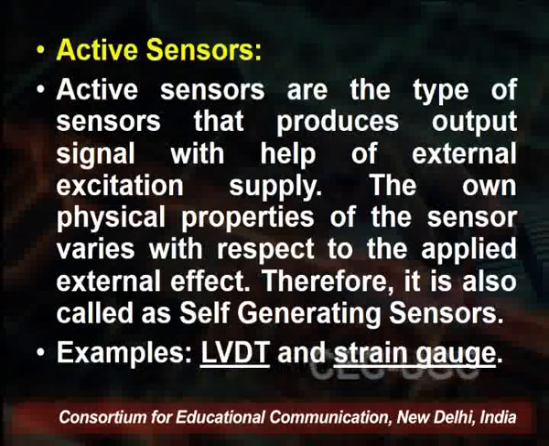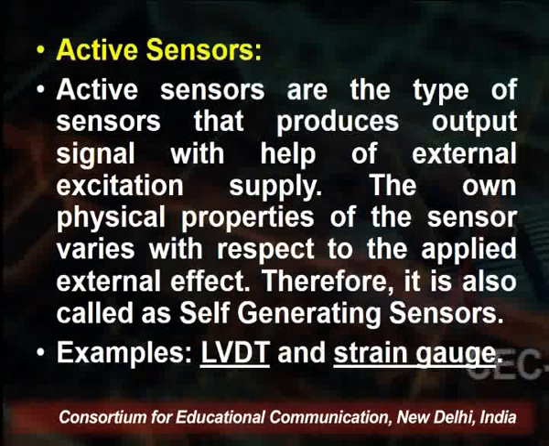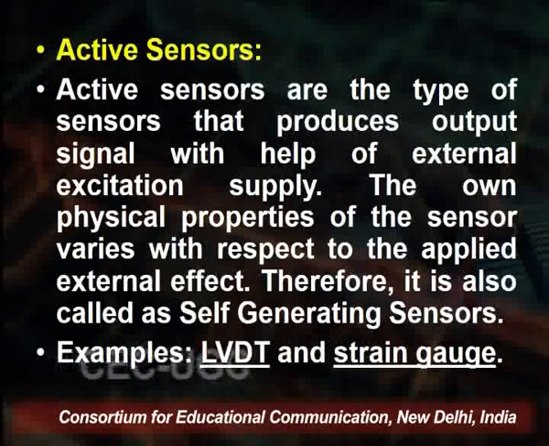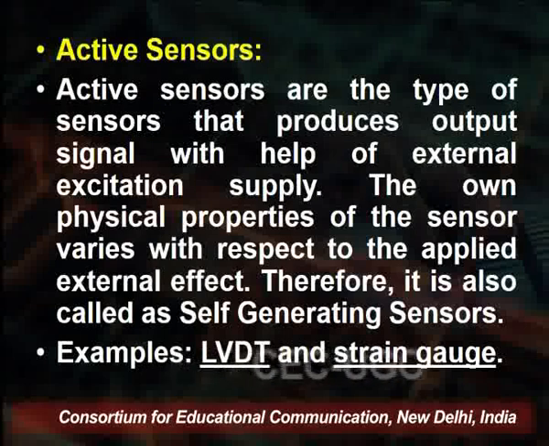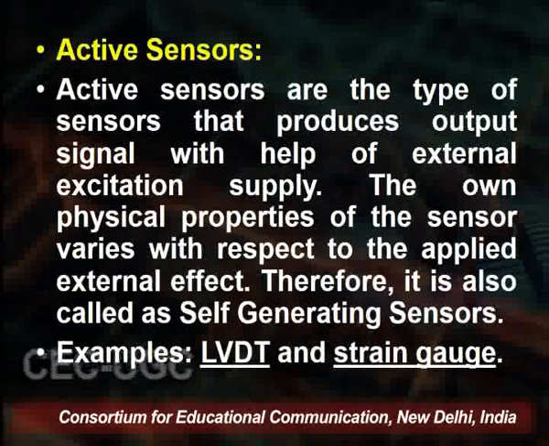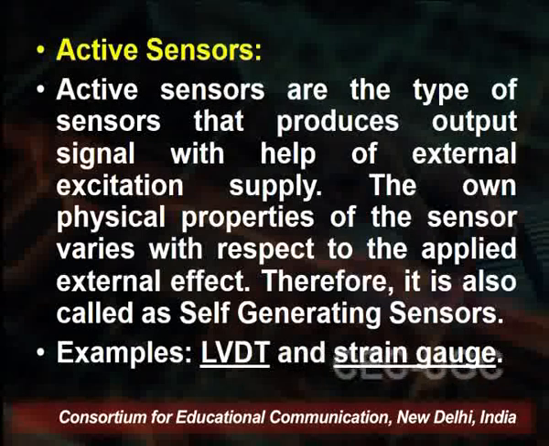The physical properties of the sensor vary with respect to the applied external effect. Therefore, it is also called a self-generating sensor. Sometimes feedback is given as an input. Examples of active sensors are the LVDT and the strain gauge.